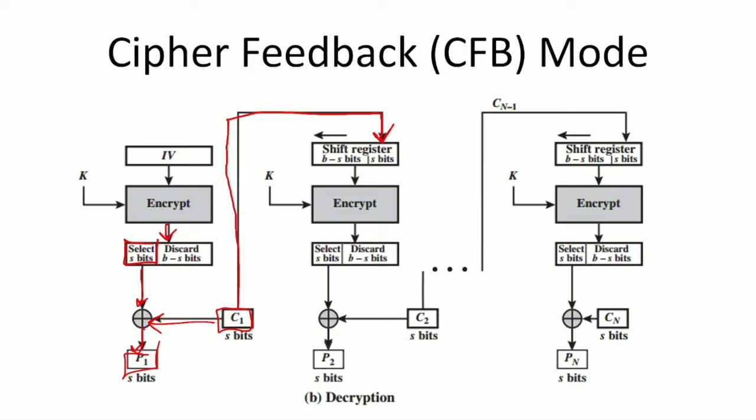And what we will do is we will take the initialization vector from the previous iteration, left shift it by s bits, and then add the ciphertext bits in the last s bits of this initialization vector. So this will give us an initialization vector which is different from the previous iteration.